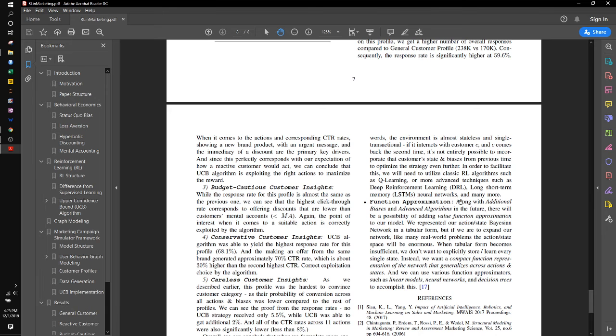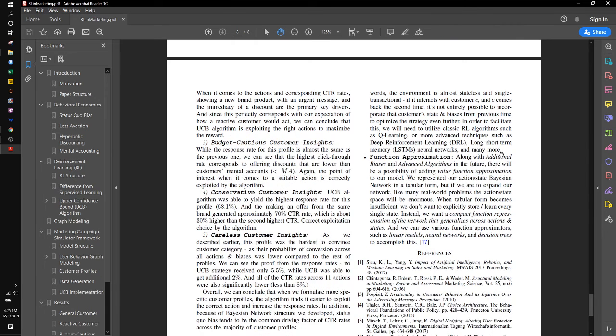And finally, because we can be adding more biases and using more advanced algorithms, there's a possibility to do value function approximation. We represented our action and state space and Bayesian network in a tabular form. But as we increase the number of actions and states and their relationships, it becomes enormous and very hard to follow.